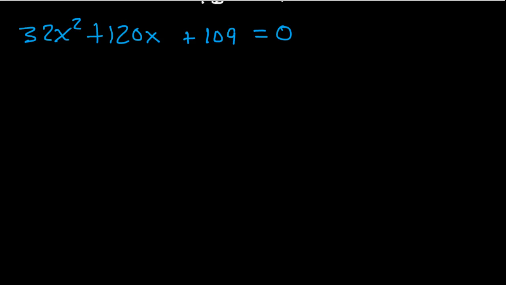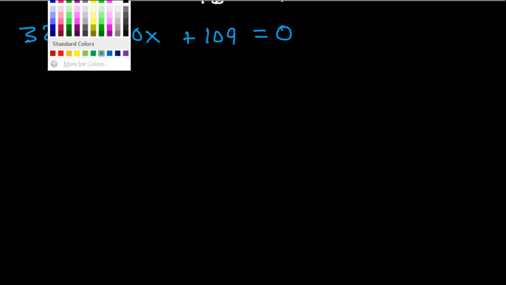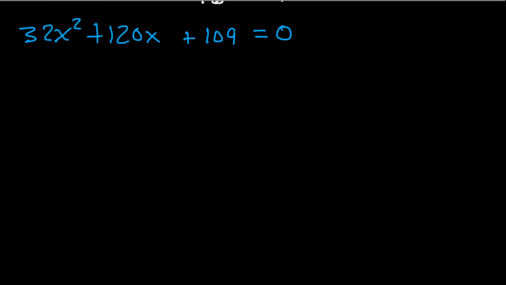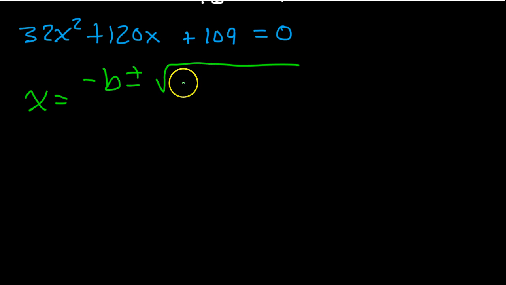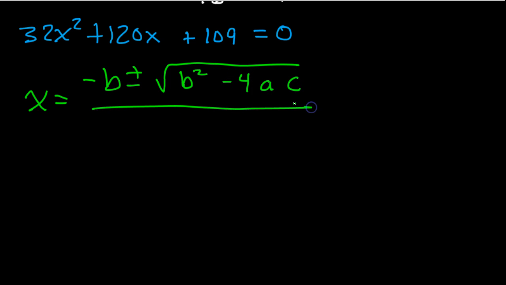I'll switch colors, I'll do green. You know how the quadratic formula says x is equal to the opposite of b plus or minus the square root of b squared minus 4ac all over 2a.